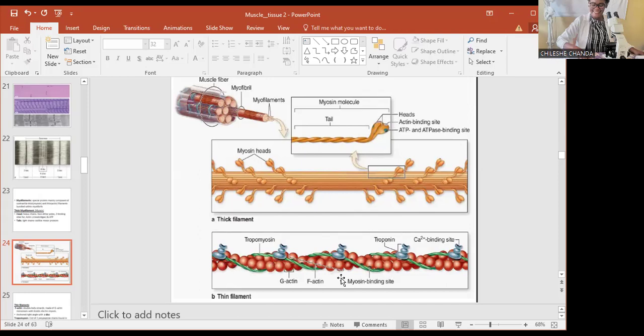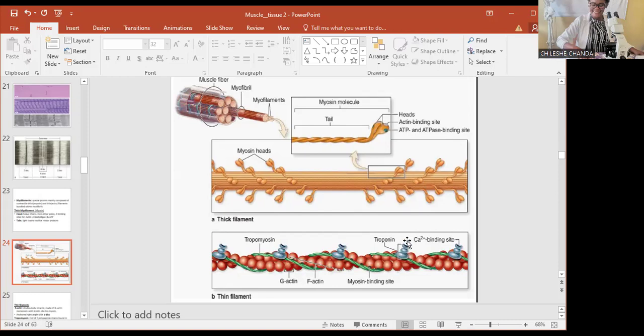And then we have the thin filaments here. These thin filaments are made up of three more important molecules for you to take note of. One, they are made up of troponin, okay? This triple complex here. On top of the troponin, you have a site where this myosin head is going to bind.